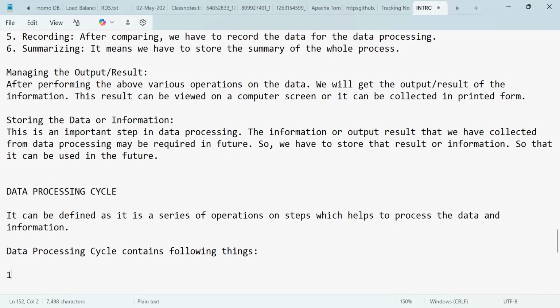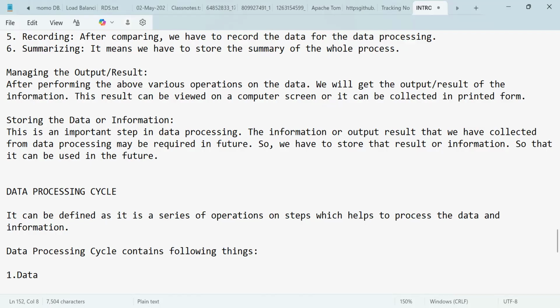First one is data input, data output, data storage, data processing, information output.